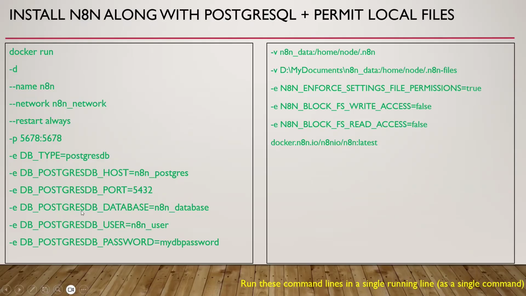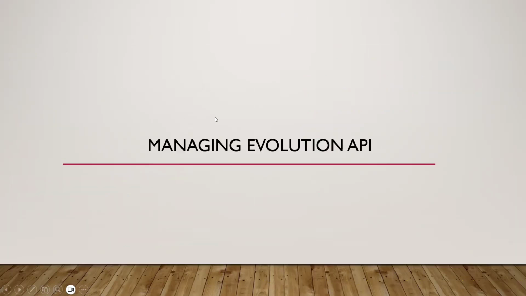These lines are for the database, and this line is to give access to the local files. This is our local folder here, and this is mapped to this virtual path, and these are the settings for file access, and this is the Docker image. So this is how we install N8N in the same network.